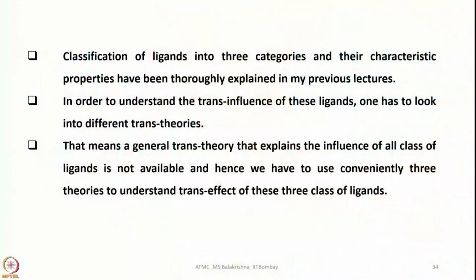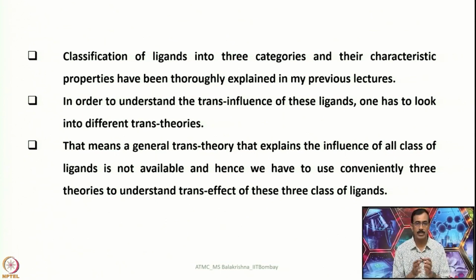Now with this information, let us look into the classification of ligands. In my previous lectures, when I was talking about classification of ligands by donor atoms, I tried to convince you about the type of ligands we have and how they can be classified. Classification of ligands one can do into 3 categories, and their characteristic properties have been thoroughly explained in my previous lecture.